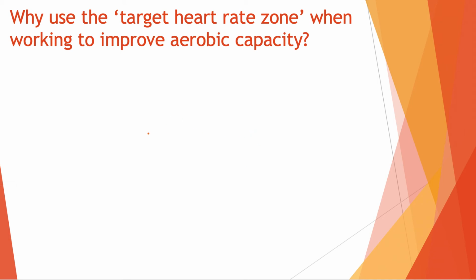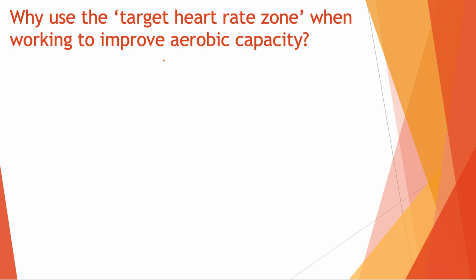This question requires you to know about training zones, aerobic capacity and the target heart rate zone, which you probably would have been shown on the exercise target zone chart. But it's also asking you to apply that knowledge and evaluate why you would use the target heart rate zone if you were trying to improve aerobic capacity.